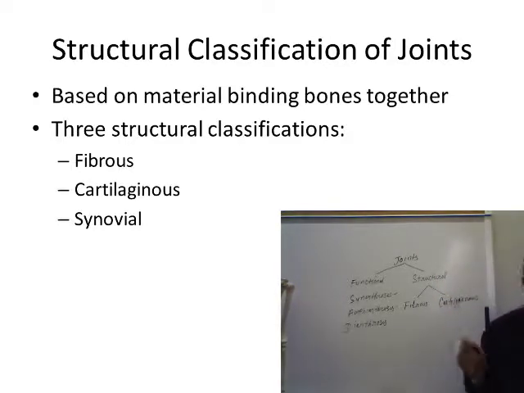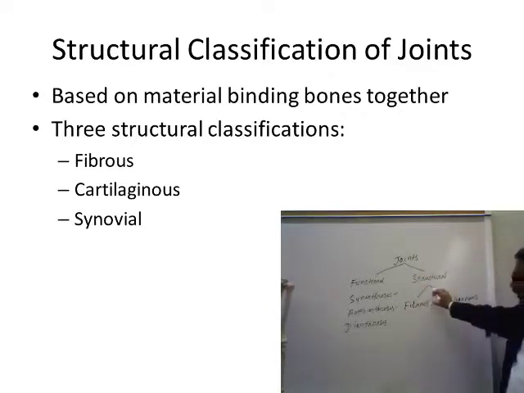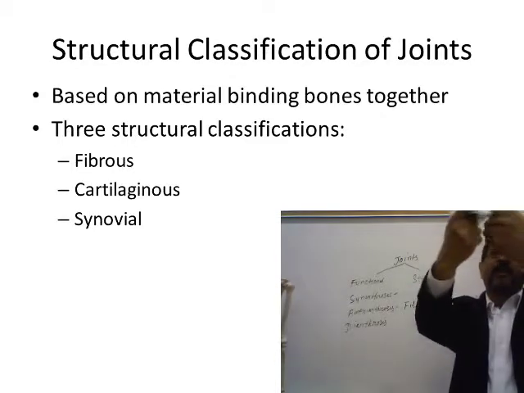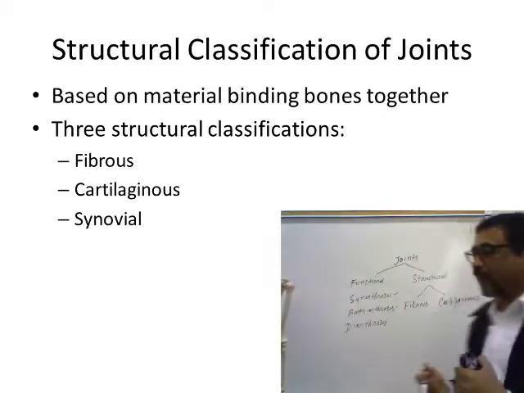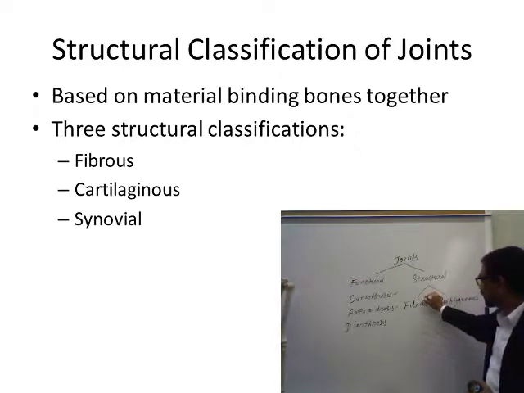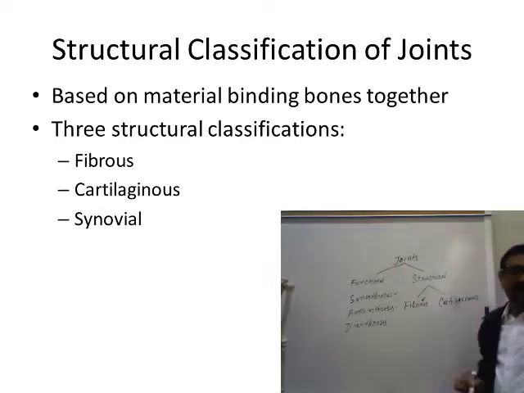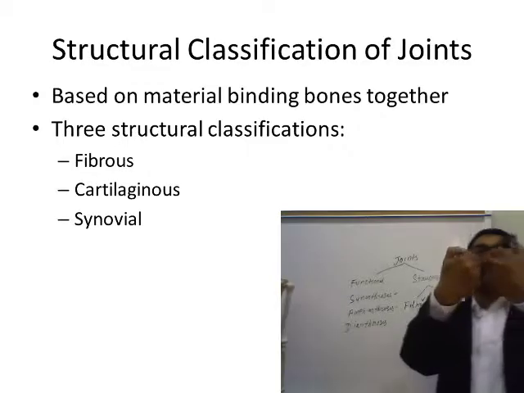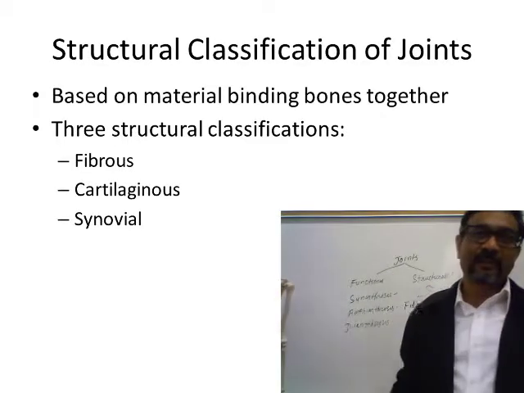Now, fibrous, its name is telling you that fibrous connective tissue holds the bones together. That's why this is fibrous. Cartilaginous, why? Because cartilages hold the bones together.